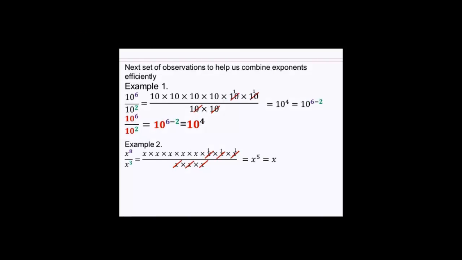Yep, very good. X to the 5, because you ended up with 5 copies of X that are left up here, because you have 8 on top, 3 on the bottom, and so you end up with a 1 on the bottom. So this X goes into this X and gives you a 1. This X into this X gives you a 1. This X into this X gives you a 1.